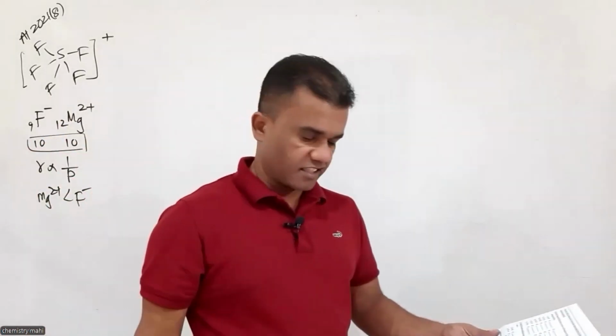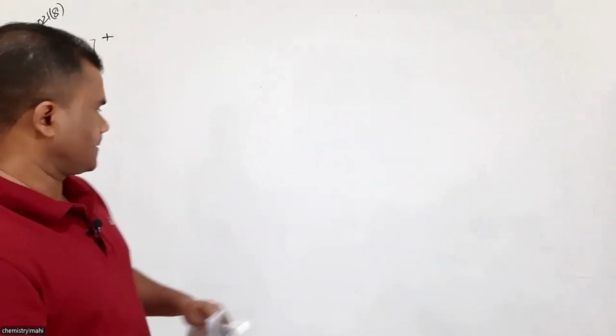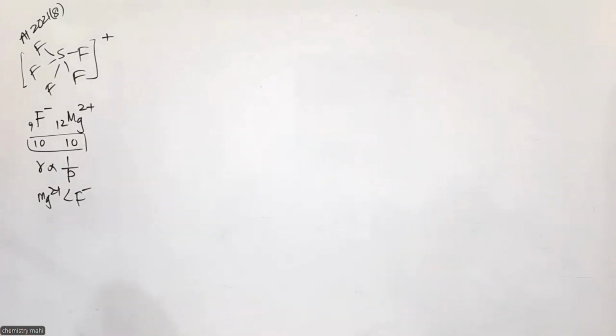But if I just continue, you have aluminium, Cl minus, potassium. Aluminium is definitely larger because it is in the third period.